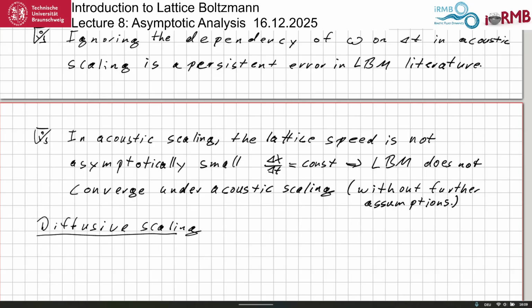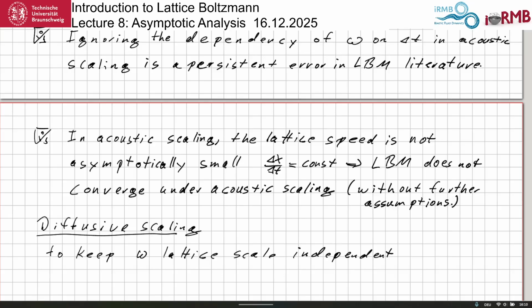There actually is a scaling that makes the lattice Boltzmann method really converge, and this is the diffusive scaling. It has the convenience that we keep omega lattice scale independent, and if you use this diffusive scaling, we do not need to expand omega, because omega will be independent of the scale.